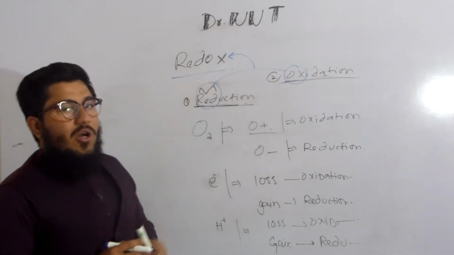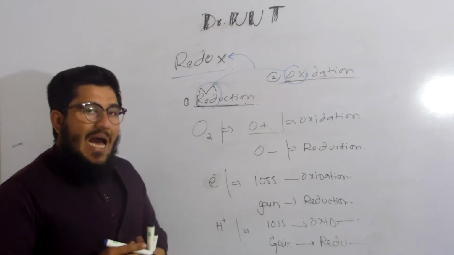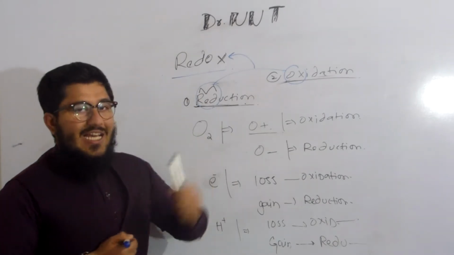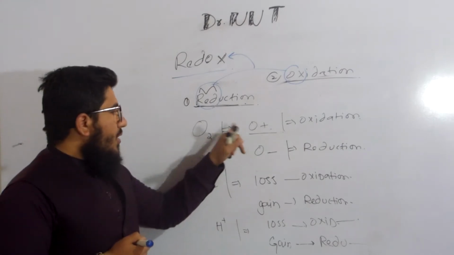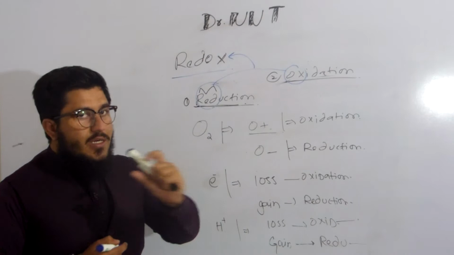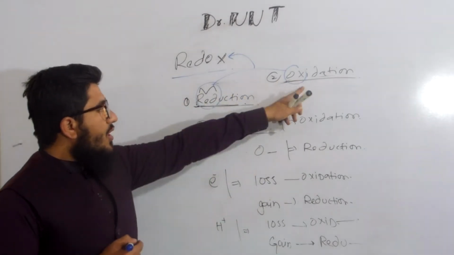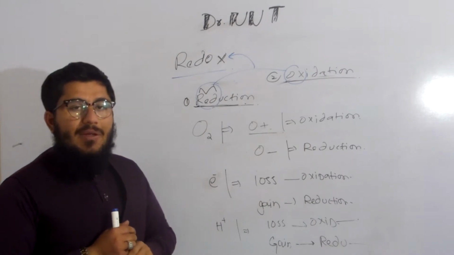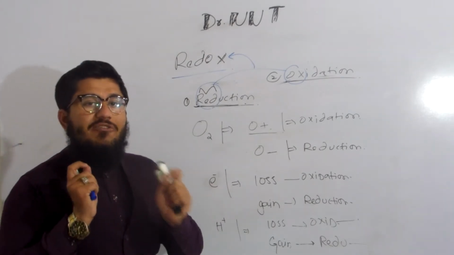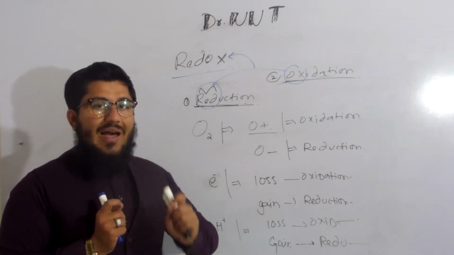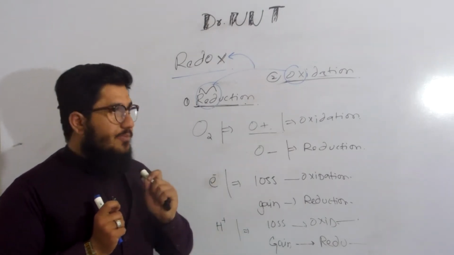So what happens in a redox reaction? There is actually the game of oxygen, electron, and proton. Let us understand first what oxidation is and what reduction is, so then we will be able to differentiate between the reactions or processes that happen.